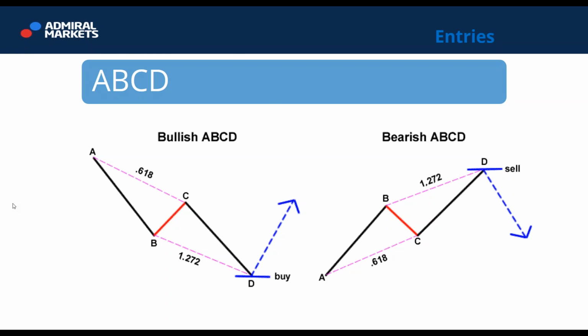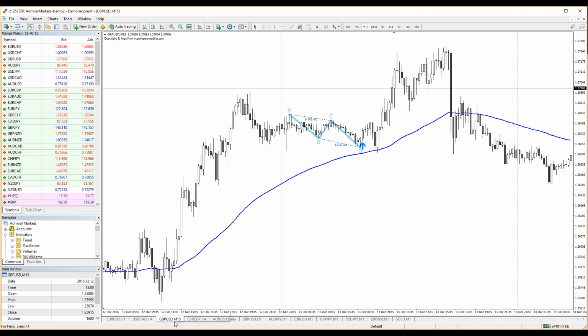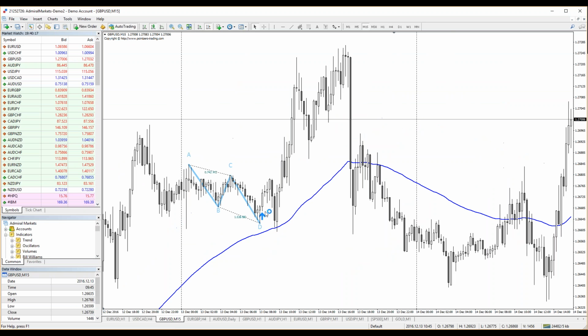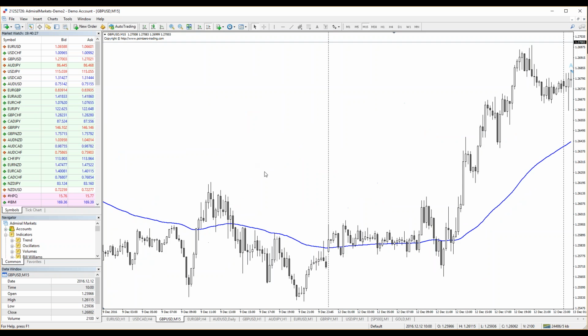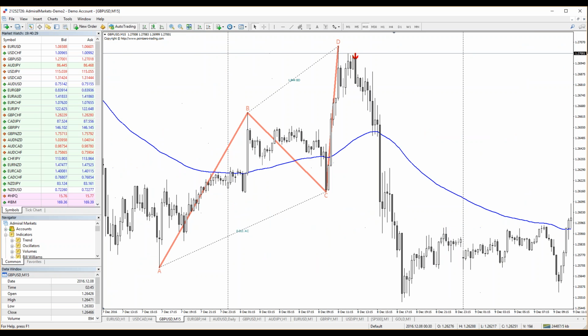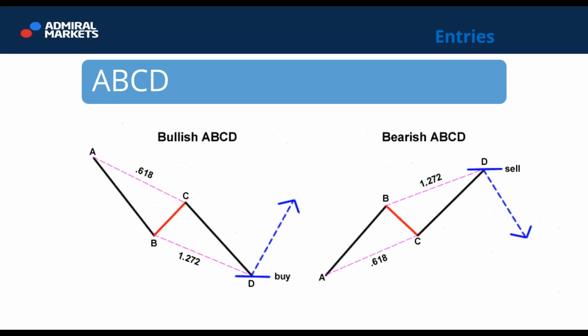Because of that, guys, we can always use the help of some indicators here that might provide us with very, very good entries, considering that we know whether we should take a trade to the upside or to the downside. ABCD entries can be very, very profitable, but guys, before that, please, you need to understand what the ABCD pattern is and when to use it.